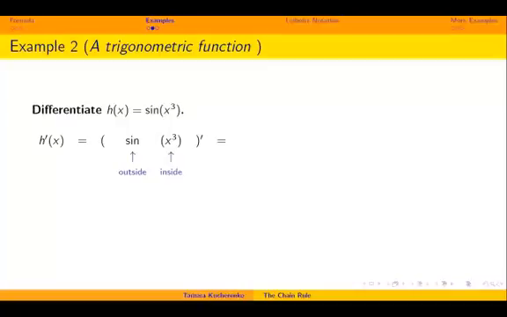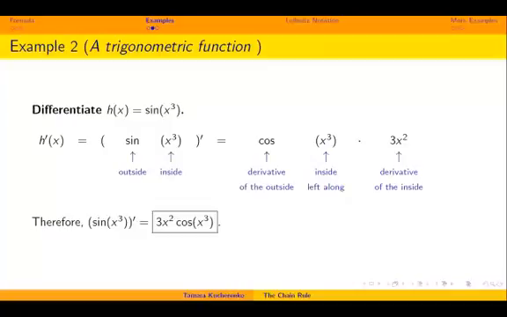The derivative of the outside function is cosine, and we need to leave the inside function alone. Here is x cubed. And then we need to multiply by the derivative of the inside function. The derivative of x cubed is 3x squared, so times 3x squared. Therefore, the derivative of sine x cubed equals 3x squared cosine x cubed.